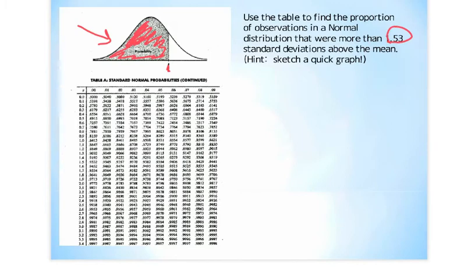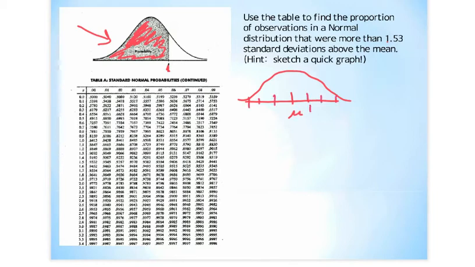Now I want to know more than 1.53. And what I'm going to suggest to you is that you draw a graph. This is actually a really great suggestion for AP exams, because if you draw a graph, it's easier for you to see. So just sketch it. I'm going to sketch myself a quick graph here. My graphs are never very good. Here is mu, and I've got 1, 2, 3, negative 1, 2, 3.